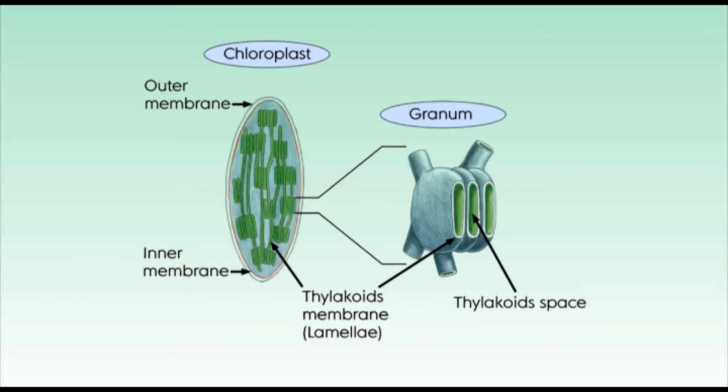Embedded in the thylakoid membranes, commonly called lamella, are the photosynthetic pigments and the enzyme complexes that carry out the light reactions and ATP synthesis. The stroma, which is the aqueous phase enclosed by the inner membrane, contains most of the enzymes required for the carbon assimilation reactions.